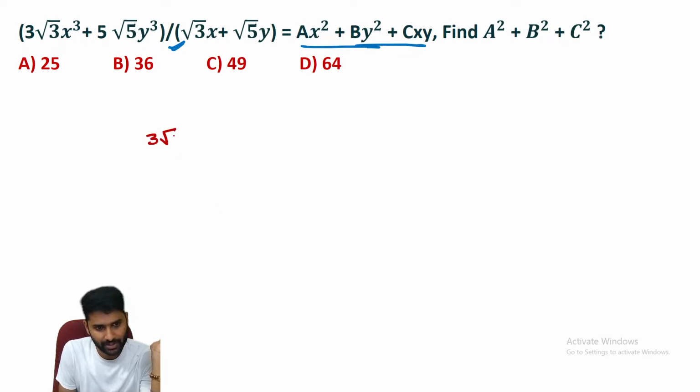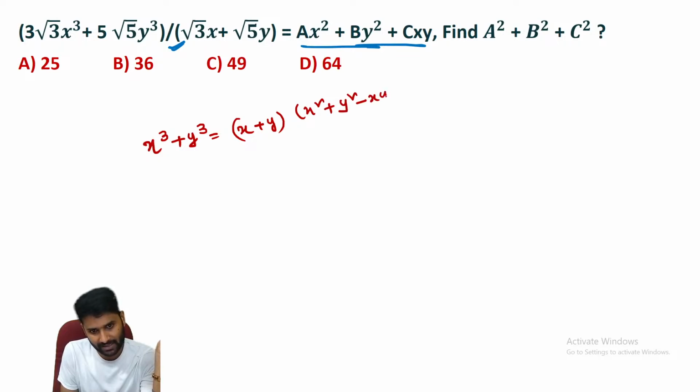Guys, you should understand that there is a common piece of information. What is the common information? Root 3x and root 5y. And let me take the formula. x cube plus y cube is equal to x plus y into x square plus y square minus xy. If you know this form, you can solve this kind of question.